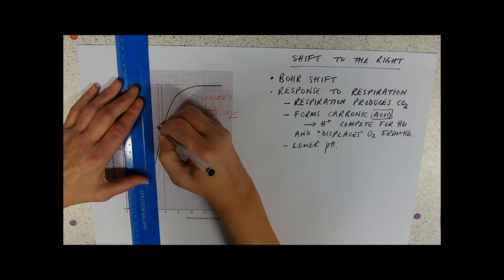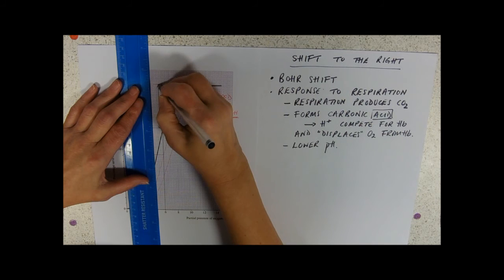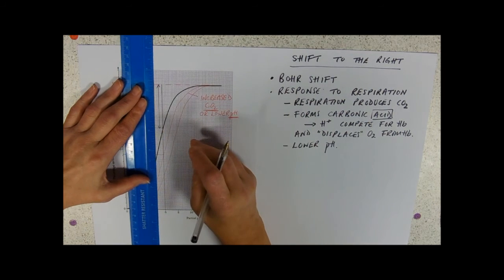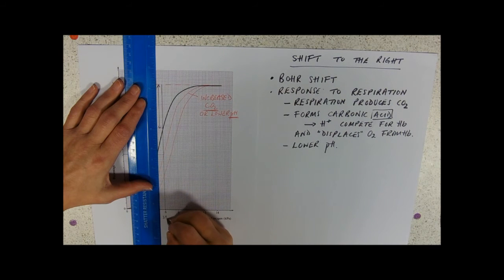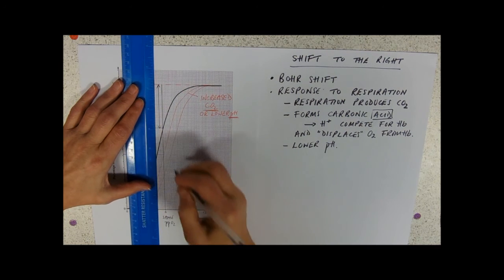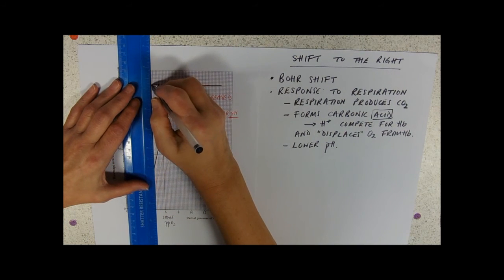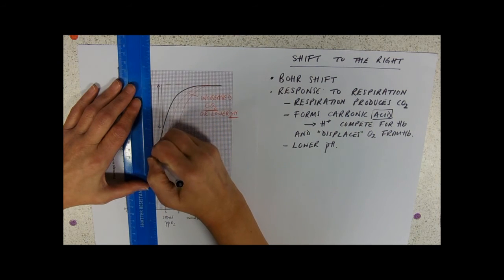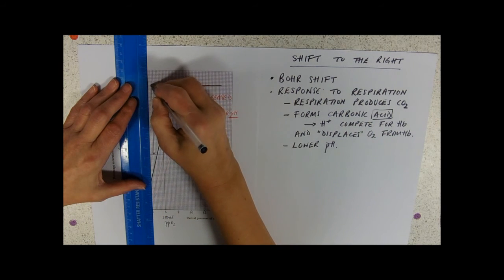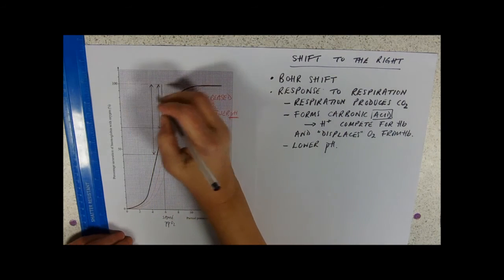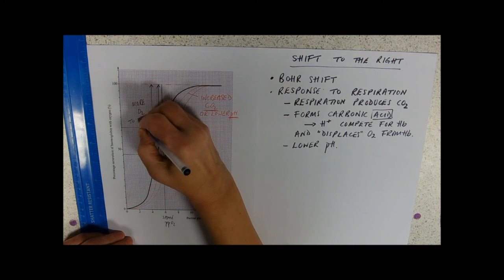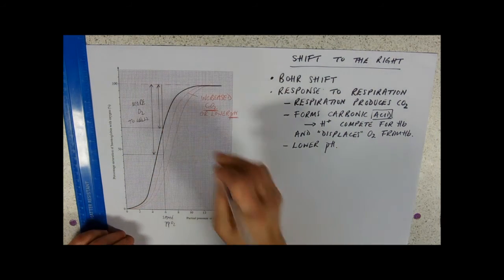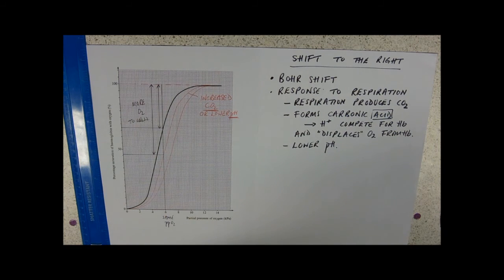Between where it's sort of, that's how much is attached to haemoglobin, this is how much is in cells. But if the carbon dioxide level at that same partial pressure of oxygen, we're now releasing more oxygen. We're unloading more oxygen at the same partial pressure. So the cells get more oxygen.